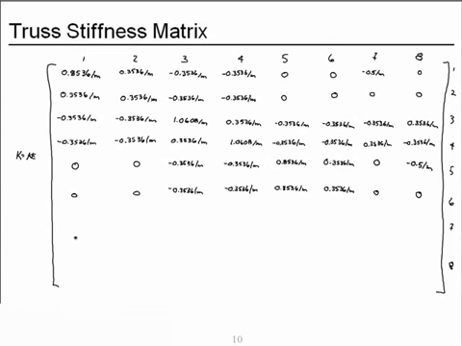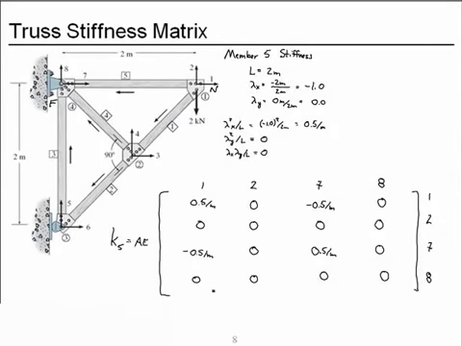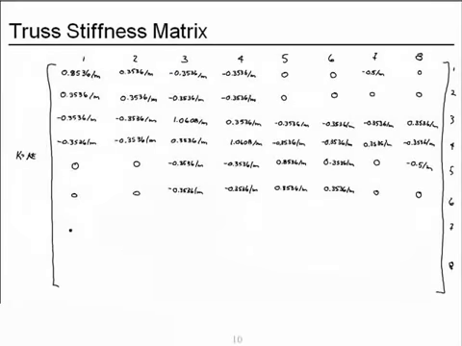Now this chunk, forces at degrees of freedom 7 and 8 due to deformations at degrees of freedom 1 and 2. These come only from member 5. So we pull this chunk directly from the member and insert it for the structure.